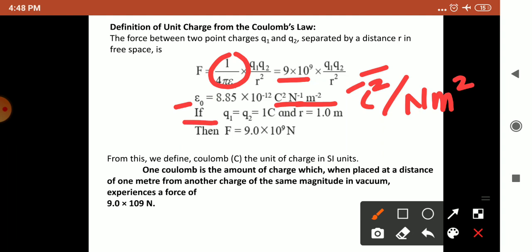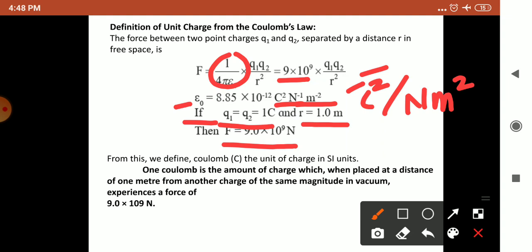When there are charges of 1 coulomb separated by a distance of 1 meter, the force F is equal to 9.0 into 10 raised to 9 Newton.